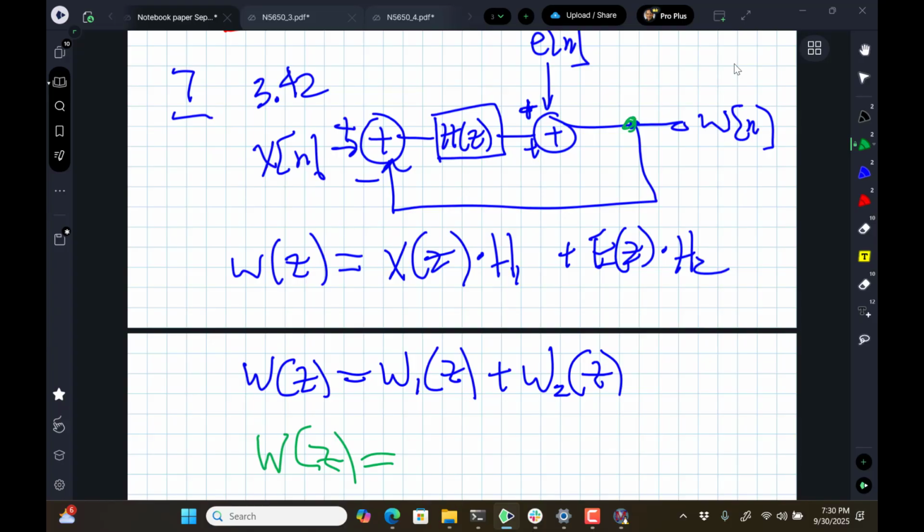I'm going to set E of n equal to 0. So when I do that, what do I have sitting right here? I'm just going to write notes on here so you can make sense out of it. That's going to be x of n minus what?